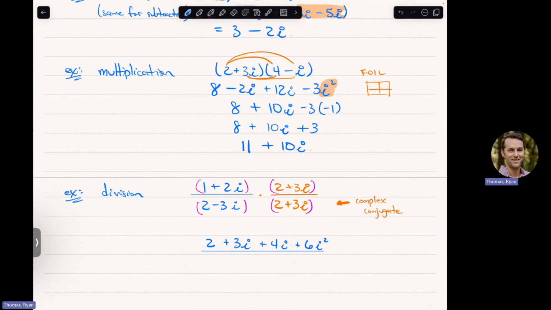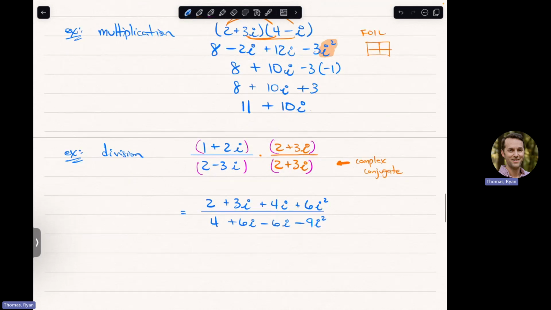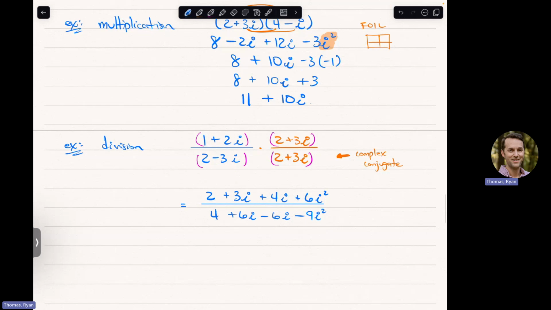We'll clean that up in a minute. Then do the same thing in the denominator. 2 times 2, 2 times 3i, 2 times negative 3i, 3i times negative 3i, 9 minus 9i squared. And for any of that, pause the video, take a second, do the expansion yourself, just to make sure you're okay with where we got all that.